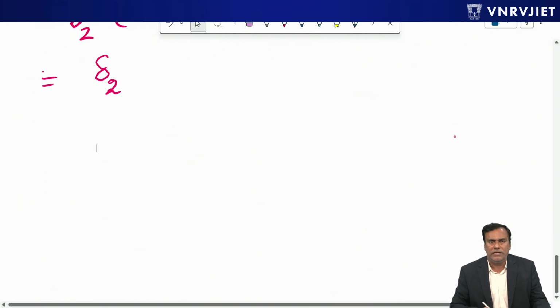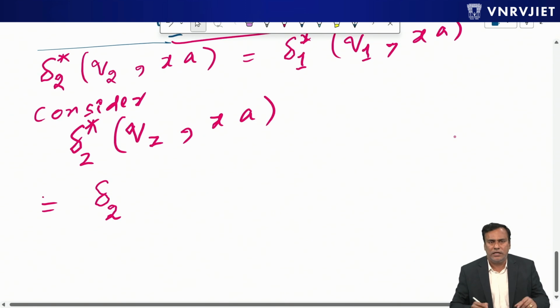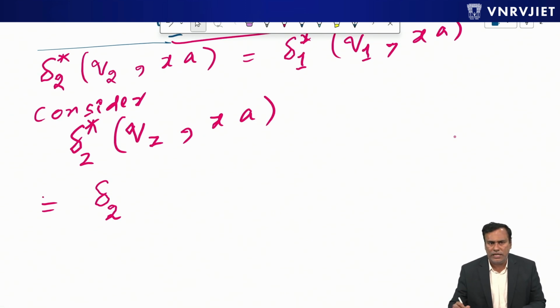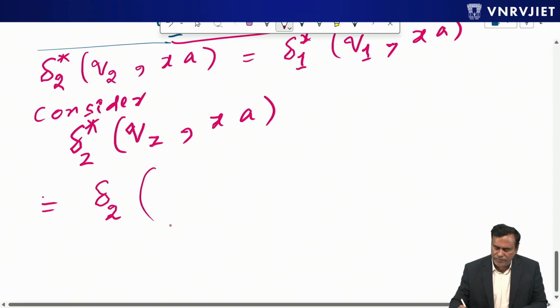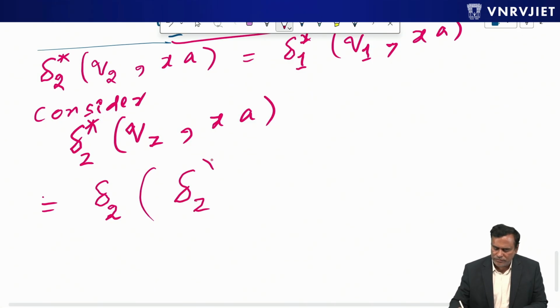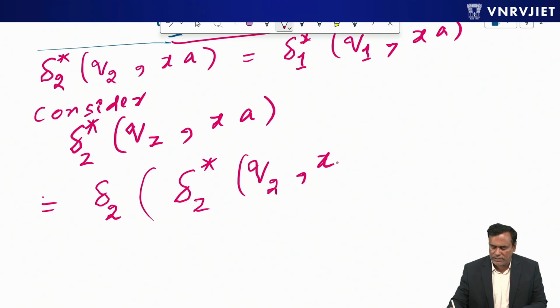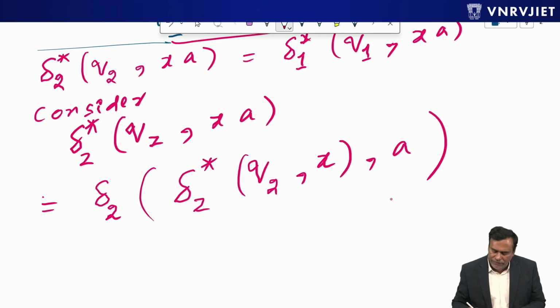This part, delta 2 of delta 2 star of Q2 X A, can be rewritten as what? Delta 2 of delta 2 star of Q2 X, and that A as it is. Right.